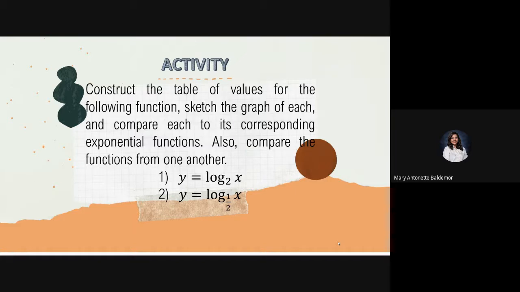Sketch the graph of each and compare each to its corresponding exponential function, and also compare the functions to one another. So we are going to compare the graphs of these two. Number one, y equals the logarithm of x with base 2, and number two, y equals the logarithm of x with base 1/2.